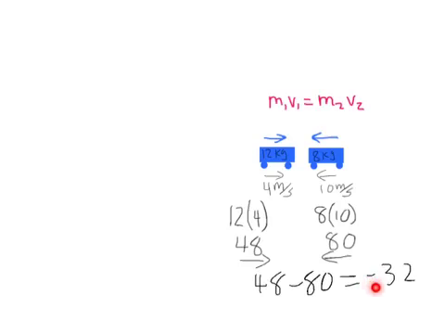What the negative means is we're going in the opposite direction than the 48. Since the 48 was going this way, the system is going to go that way, because that's where the momentum is larger. So really, we just need to worry about 32 units of momentum. That's the value we're going to use here for m1 v1. So we'll then put 32 equals m2 v2.